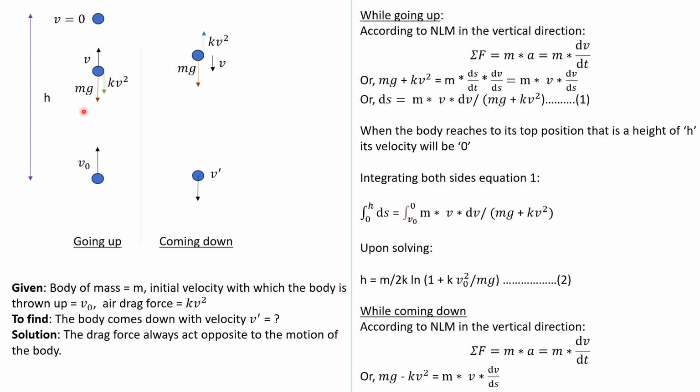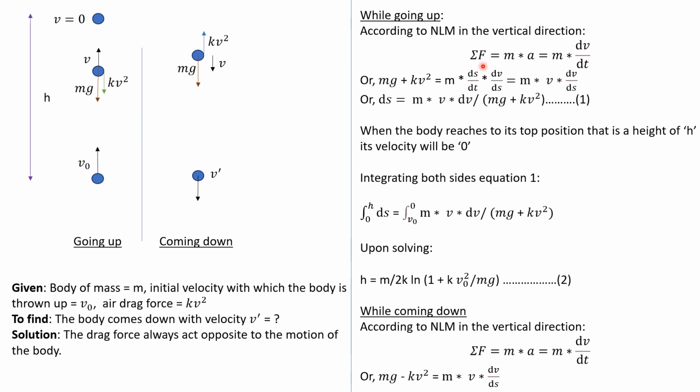So we can write Newton's law, summation of F equals mass into acceleration. Mass into acceleration we can write as m dv by dt. The forces acting downward are mg plus kv square.